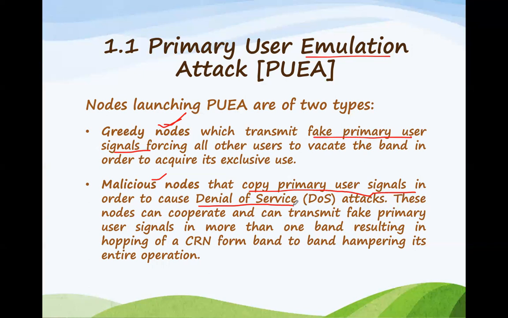Another important thing is that these nodes can cooperate and transmit fake primary user signals in several bands. Thus, the CRN has to keep hopping between bands. So, it is a very hectic operation. These are the basic things we need to understand about greedy nodes and malicious nodes.